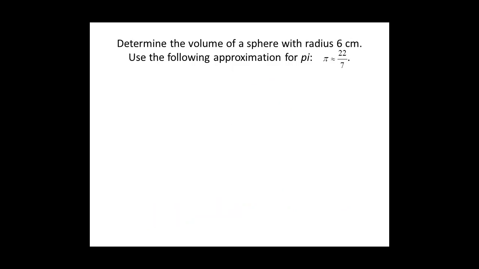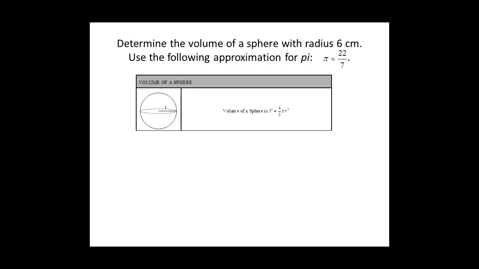Determine the volume of a sphere with radius 6 centimeters. A sphere is a ball, and this sphere has a radius of 6 centimeters. We will use the following approximation for pi. Pi approximately equals 22/7. Here is the formula for the volume of a sphere.